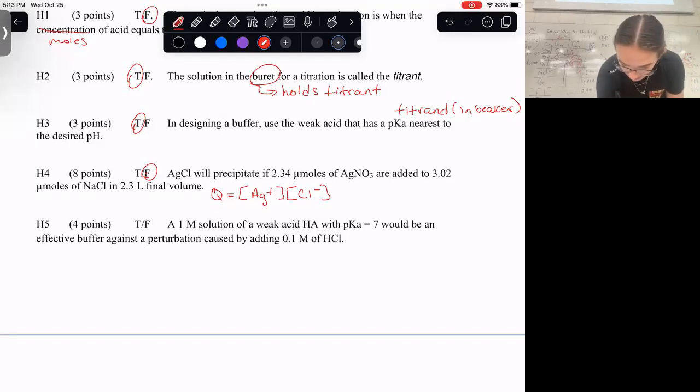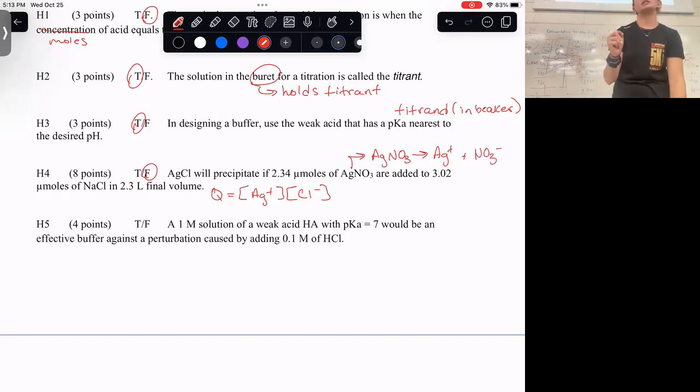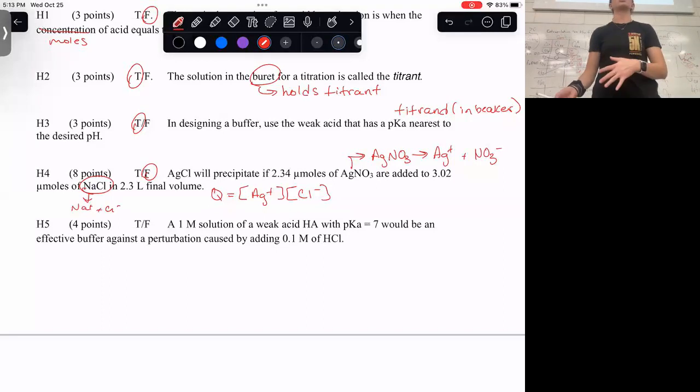The other thing to note is that silver nitrate will dissociate into Ag+ and NO3-, and sodium chloride will go into Na+ and Cl-. Those fully dissociate, so whatever concentration of the starting salt you have will become the concentration of the ion of interest.